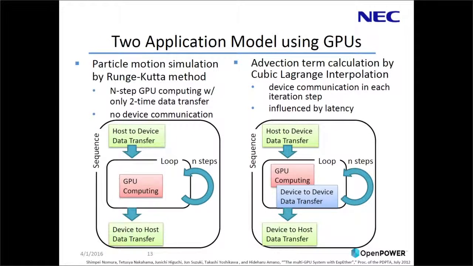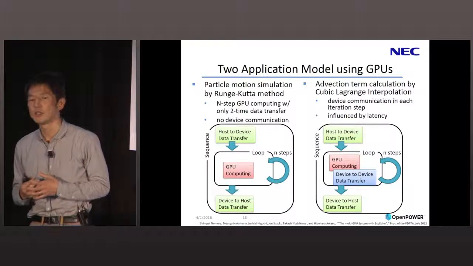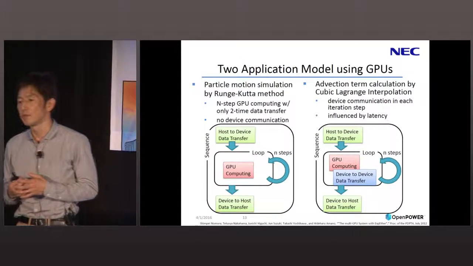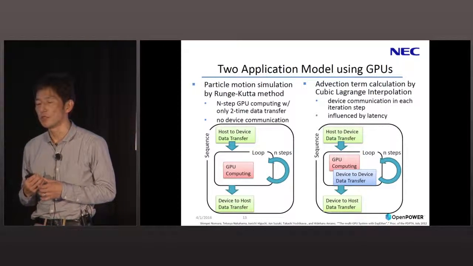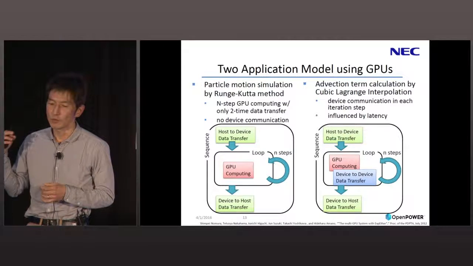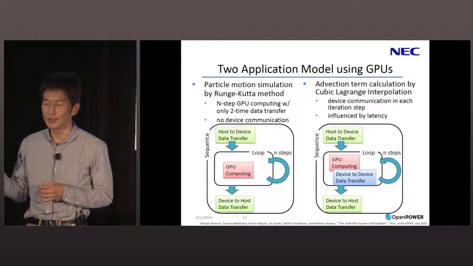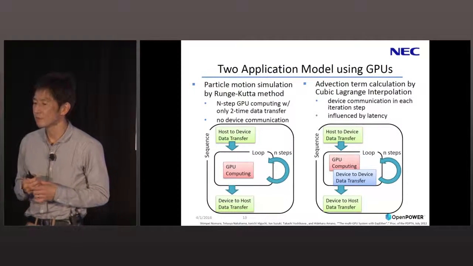But using ExpEther, using our resource disaggregated platform, we cannot enjoy the full performance of the GPU because there is the latency of the Ethernet. How the latency affects the performance depends on the data communication model in the application process.